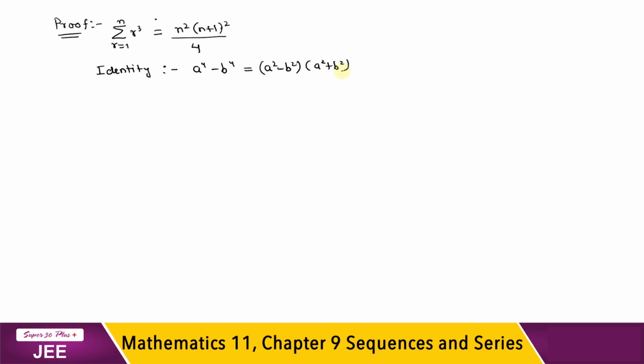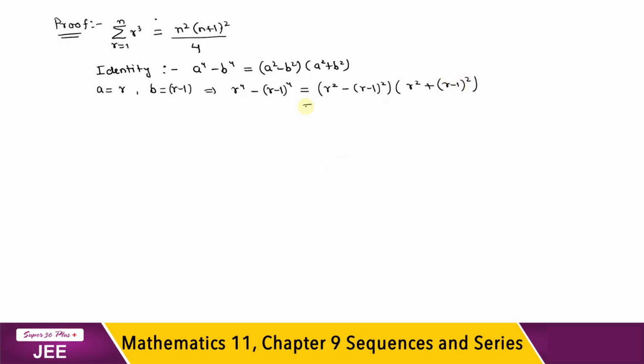Now we are going to put a as r and b as r minus 1, which gives us r raised to the power 4 minus (r minus 1) raised to the power 4, as over here we can have (r square minus (r minus 1) whole square) multiplied by (r square plus (r minus 1) whole square).